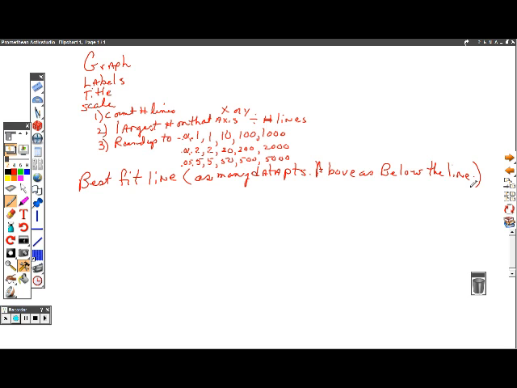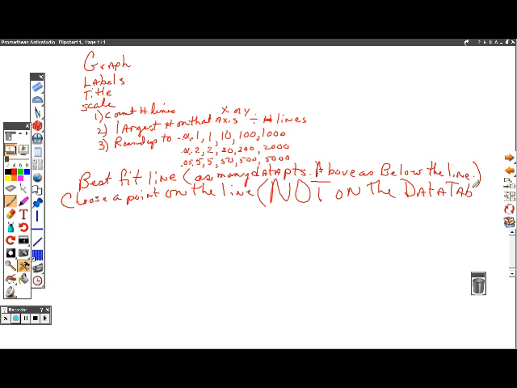Once you get your best fit line, choose a point on the line, not on the data table. Don't use the data table at this point.